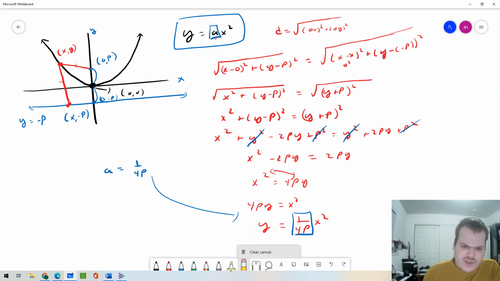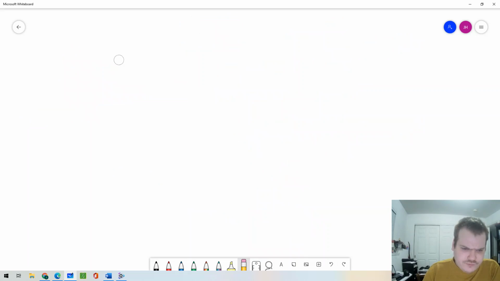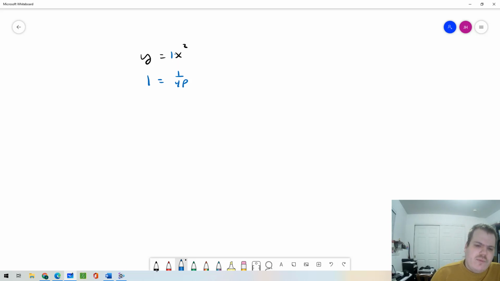If I'm looking at the equation y is equal to x squared, what is my a value? Well, my a value right here is 1. We wouldn't write it like that generally, but that's my a value. And I know that a is equal to 1 over 4p. So I can say that 1 is equal to 1 over 4p. If that's true, that means that p is equal to 1 over 4.